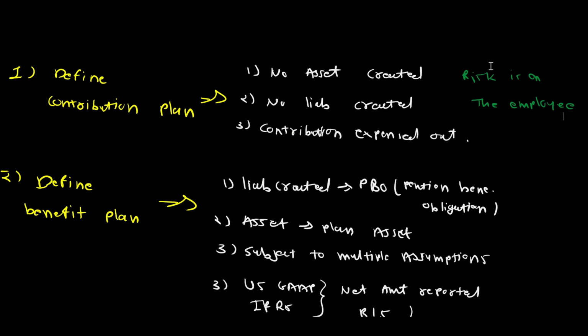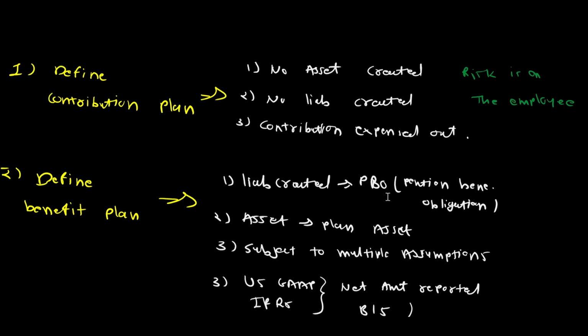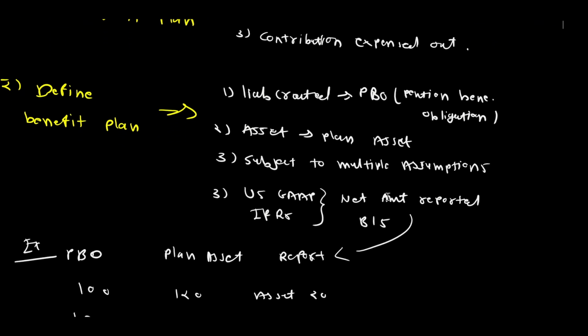Okay, and in the defined benefit plan, the employer promises a fixed pension after retirement, like 20,000 per month, regardless of the investment performance.